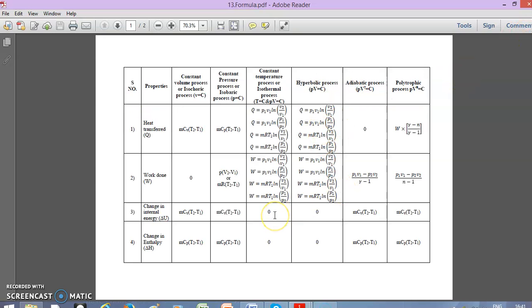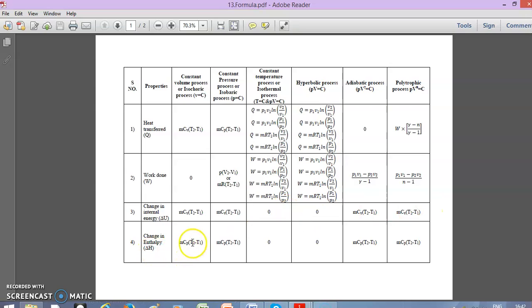First, in general, the formula for change in internal energy is del U is equal to m Cv (T2 minus T1). Kindly remember this. This is the formula for internal energy, and it is common for all the processes.